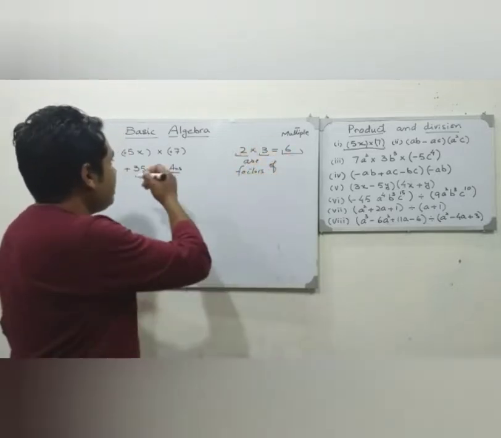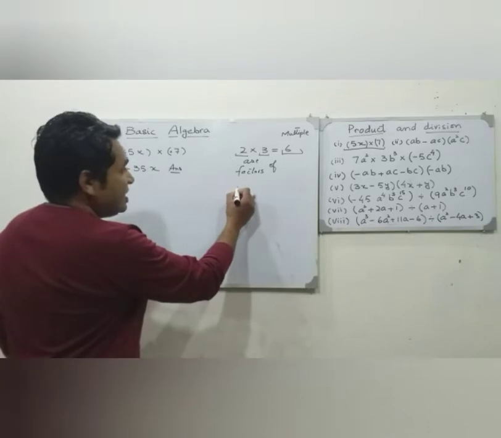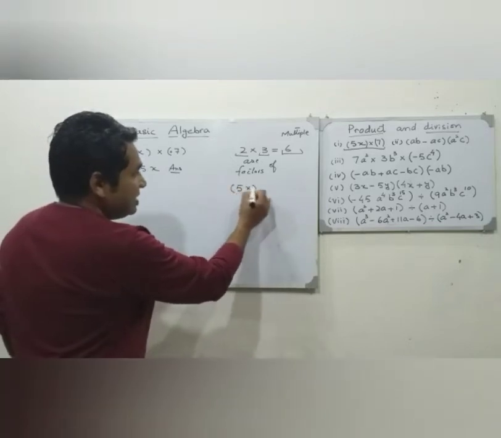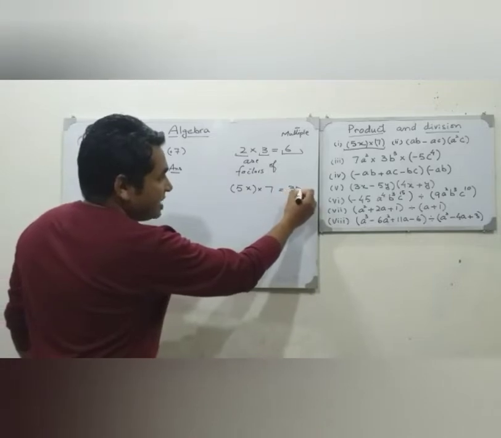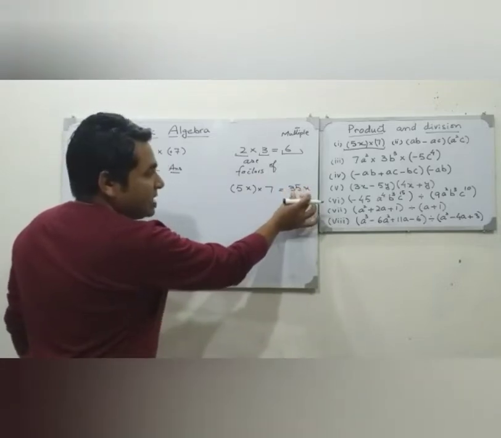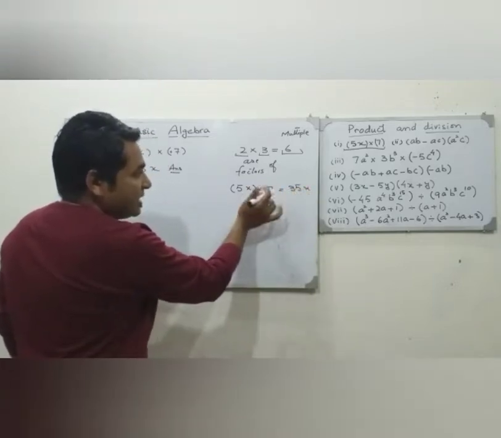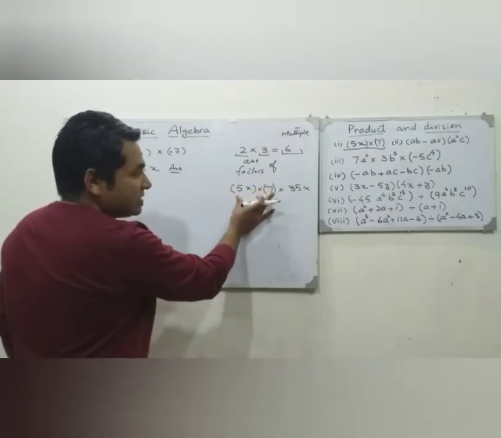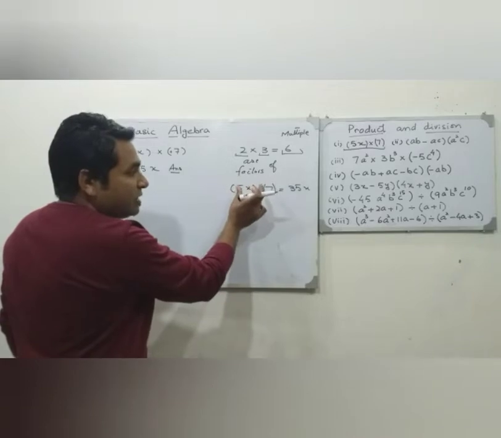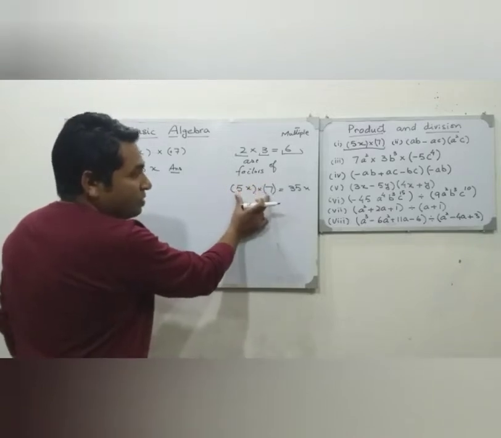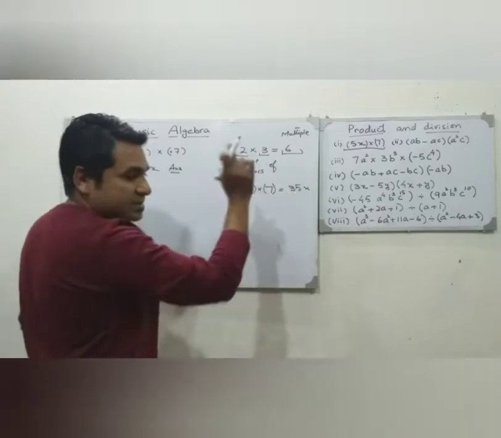In the same way, if I have multiplied 5x by 7, then 35x is the multiple of these two factors. They both are multiplying, so we will call them factors of 35x.